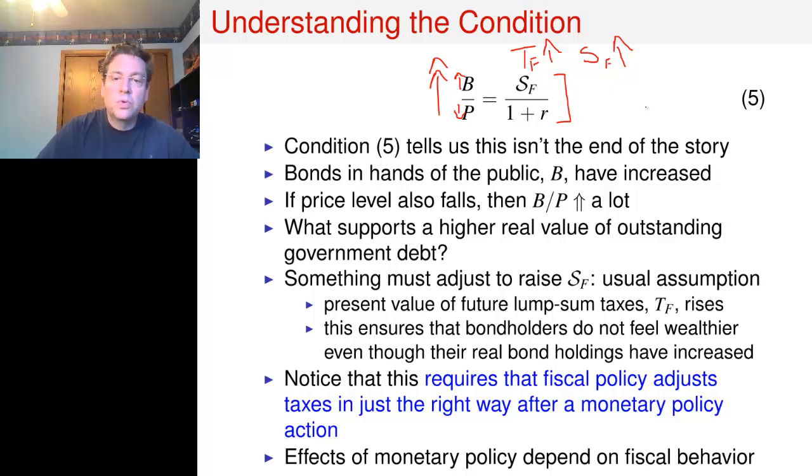But you'll notice that what is going on here, and I put it in blue to emphasize it, this requires that fiscal policy adjusts taxes in just the right way after a monetary policy action. So in other words, the effects of monetary policy depend on fiscal behavior.